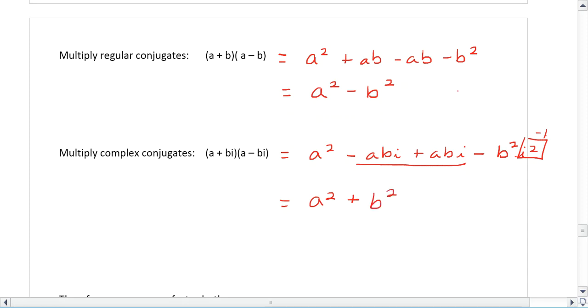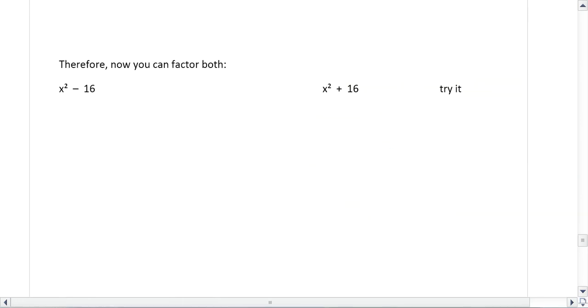So now if you look at what we have here, this is the difference of two perfect squares, and this is the sum of two perfect squares. So remember how you couldn't factor them before? Well, you can now. Before, the difference of two perfect squares factored into x minus 4 and x plus 4.